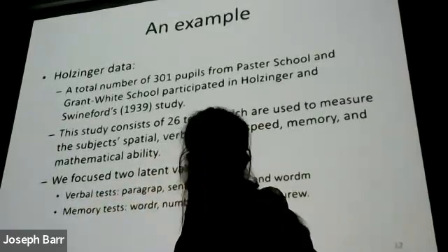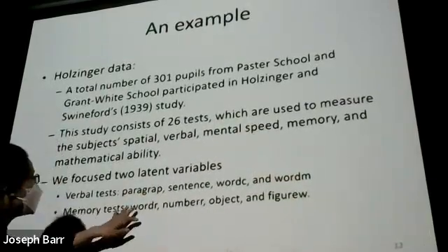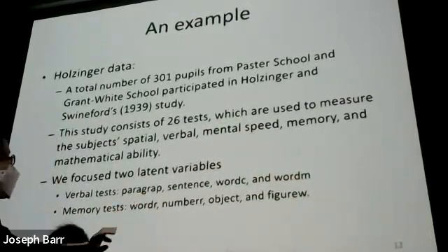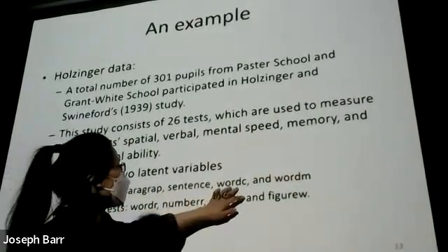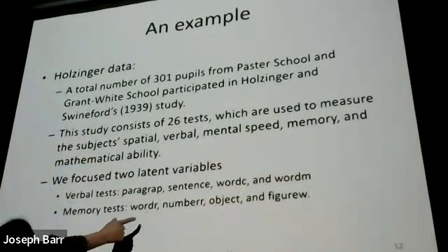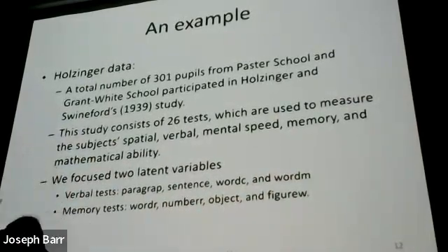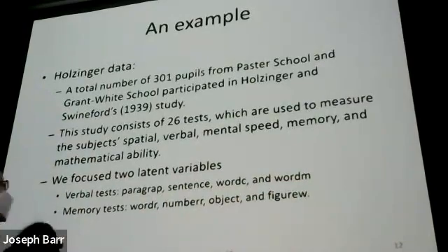So these are items. Paragraph, sentence, word C and word M are the verbal test. And word R, memory R, object, and figure W are the memory test.